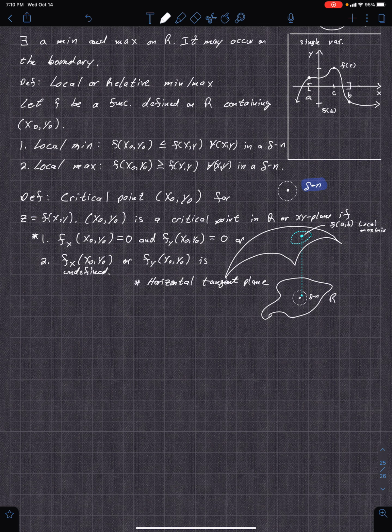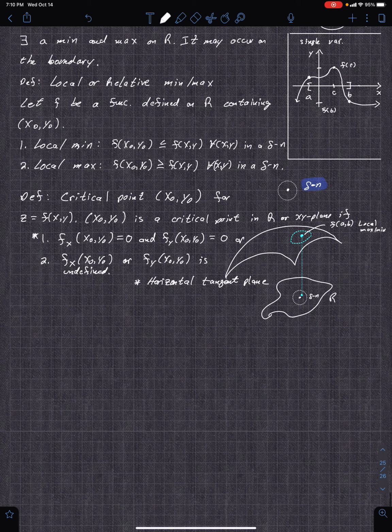And for the undefined case, those are the cusp concepts. I'll just make a little triangle here and say a cusp. It really is a cusp if it's a cusp, but that's what you think of. It's a point in 3D that might go up in multiple directions to give you that cusp. The function is going to be undefined there, but it still might be a local min or max.